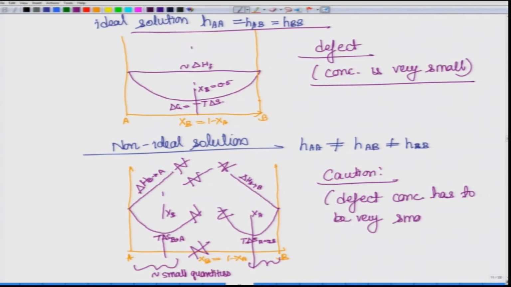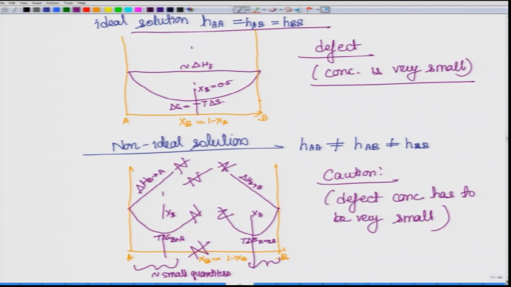So, although we have exaggerated here to draw the whole plot, and even here we are trying to show both sides, ideally that is not the right thing. It is just to give you a better understanding of what it would mean when HAA is equal to HAB and when HAA is not equal to HAB. But otherwise we should not extend this information beyond small quantities.